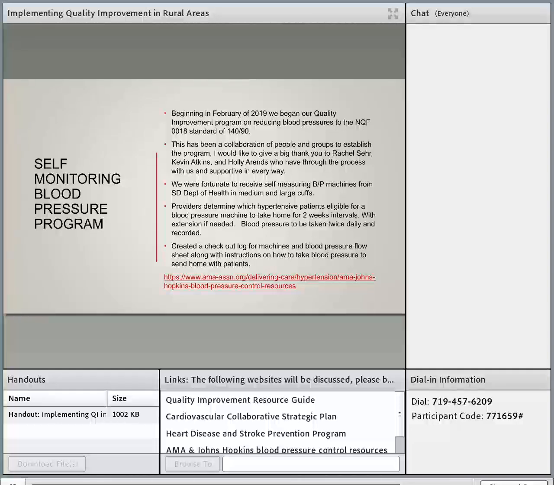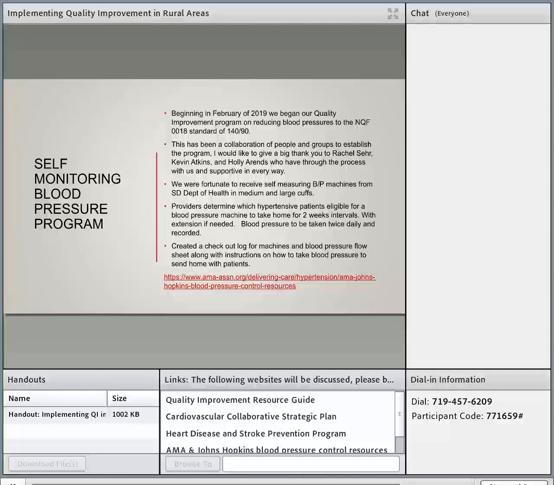The providers are the ones who determine which hypertensive patients are eligible for these blood pressure machines to take home. We're doing it in 2-week intervals with extensions as needed by the provider. The blood pressure guidelines have been addressed to the patient, and they want them taken twice a day and recorded.